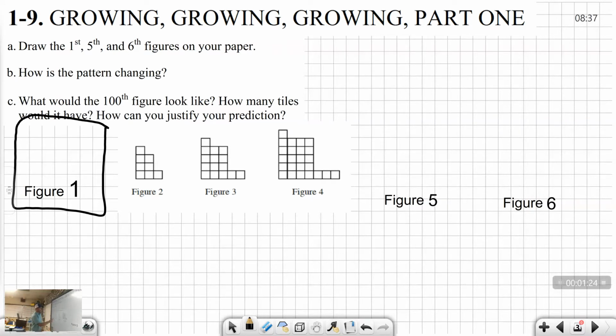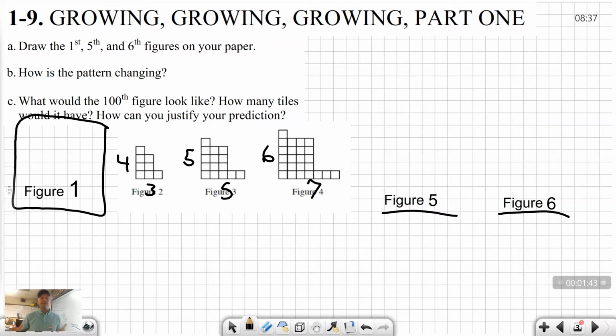You're going to copy down figure 2, which is a 3 by 4 with stuff left out. Over here, figure 3 is a 5 by 5 with stuff left out. And figure 4, which is a 7 by 6 with stuff left out. But we also need figure 5 and 6.